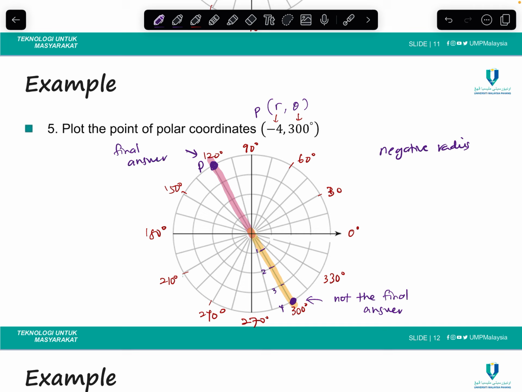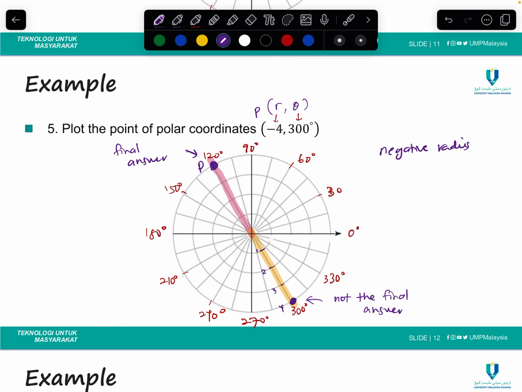So when you have a negative radius, first you look at the direction and then you go to the opposite side, because of the negative radius.